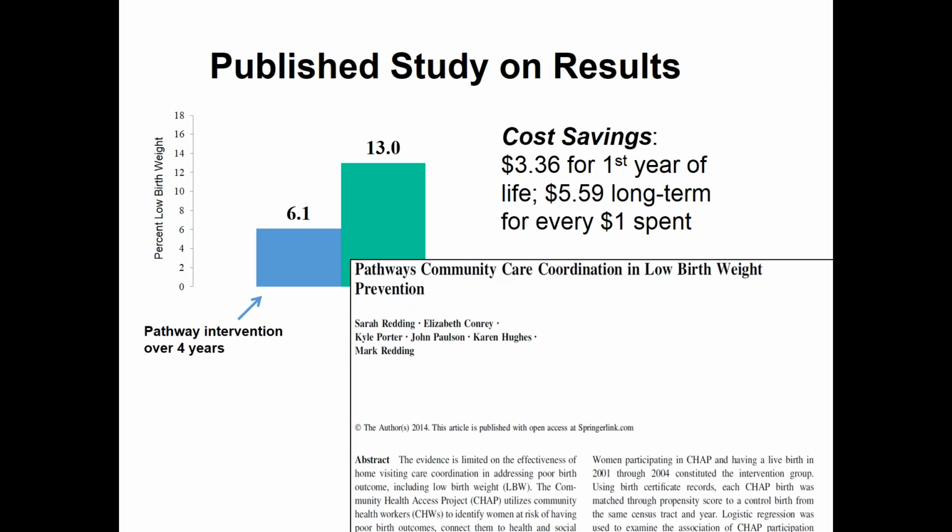And what OSU did was develop case match controls by census tract, because we were very interested. We knew that there were areas of our county, again, where the birth outcomes were the worst. And what the study showed is if women were engaged with pathways, the low birth weight rate over those 4 years averaged out to be 6.1% versus 13% for the case match controls.